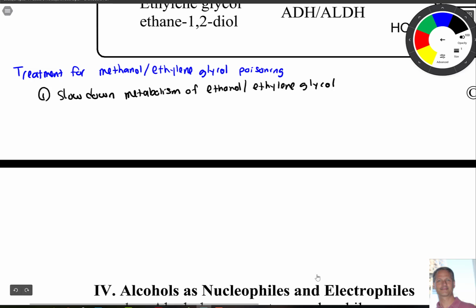We do that by introducing a chemical that competes with the methanol and ethylene glycol metabolism. So there's two things that we can do. You can give ethanol, right? Or there's a new chemical, I don't think it's really that new, you can give something called fomepizole.